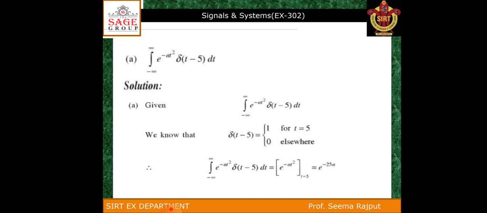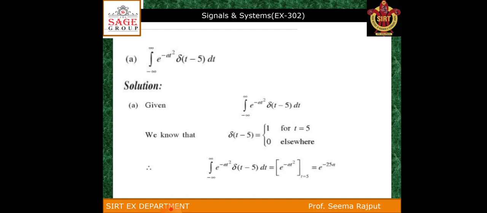In place of delta t minus 5, put 1. So the overall function is e to the power minus 8t square. In that function, we have to put t equal to 5. So we have to evaluate the function.